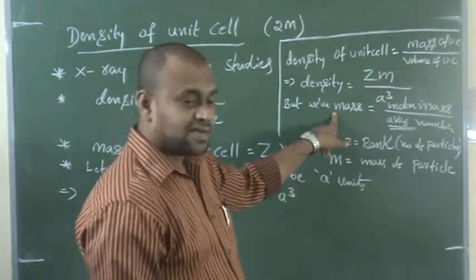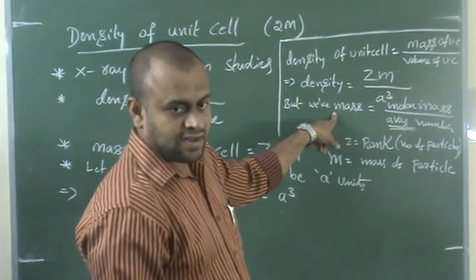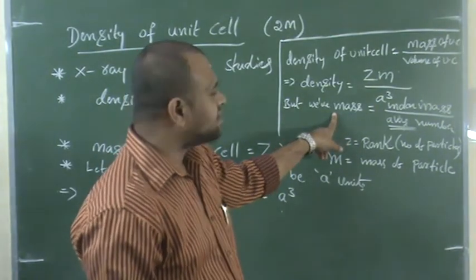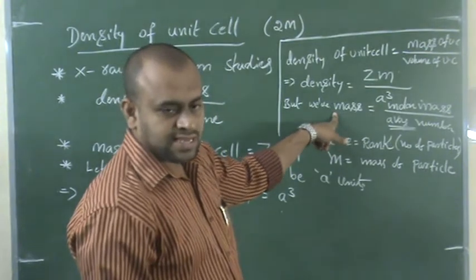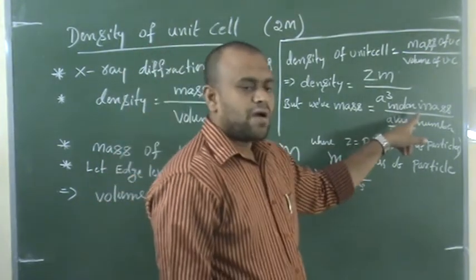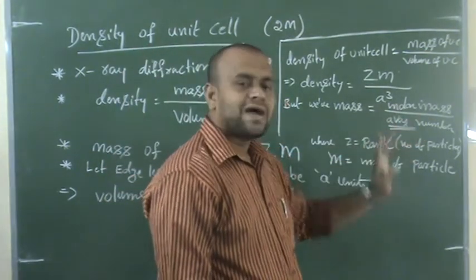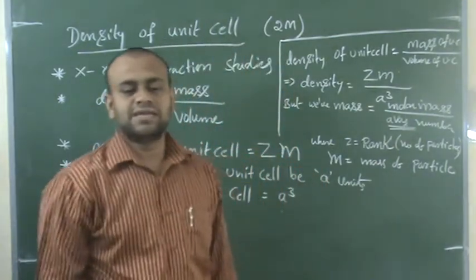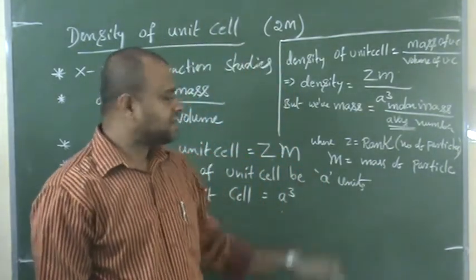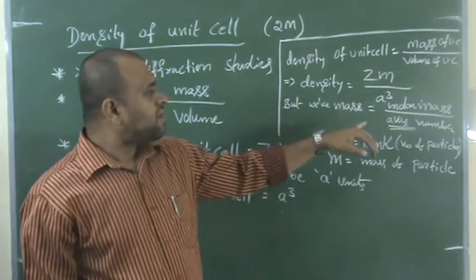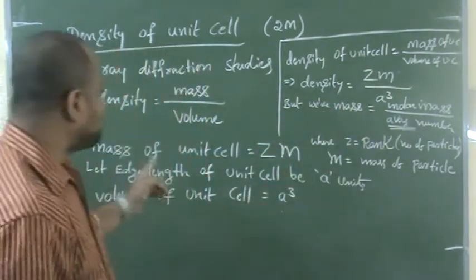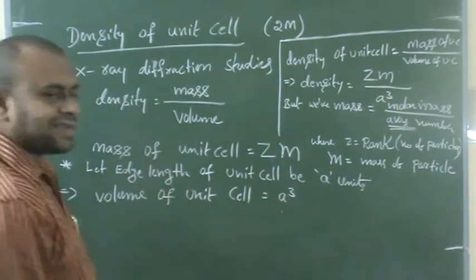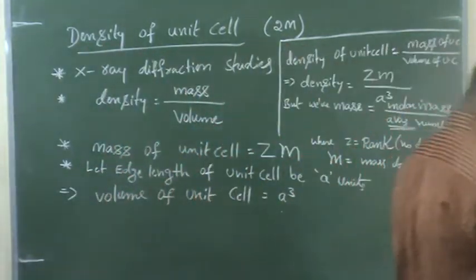This we had studied in first PUC, basic concepts of chemistry. The mass of a substance is equal to its molar mass by Avogadro's number. We had studied this in basic concepts of chemistry, right? So now, note it down up to there. You note it down. I will continue further.